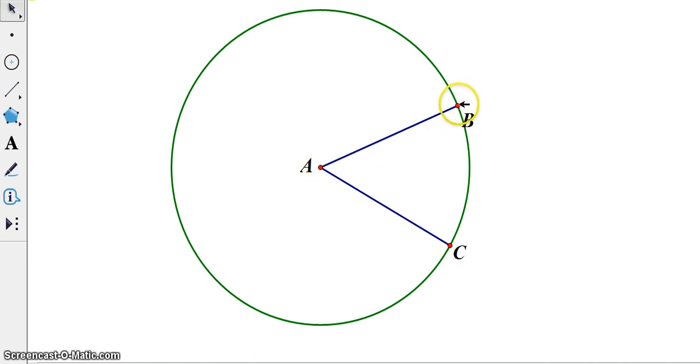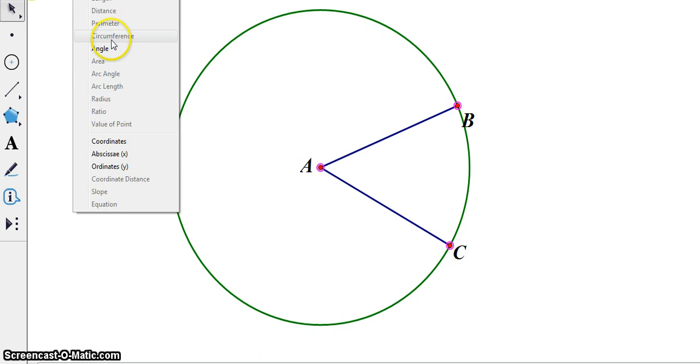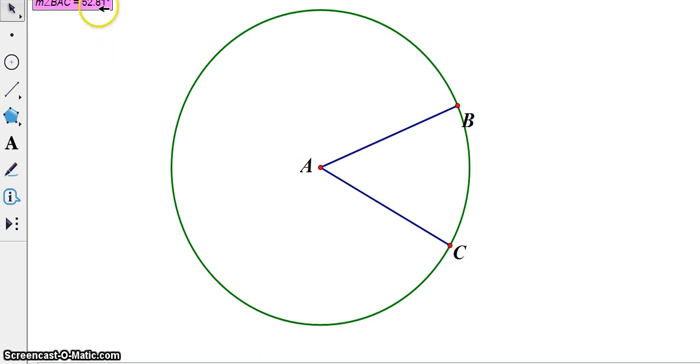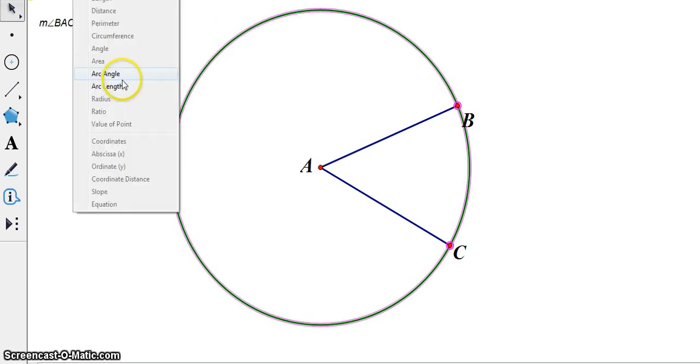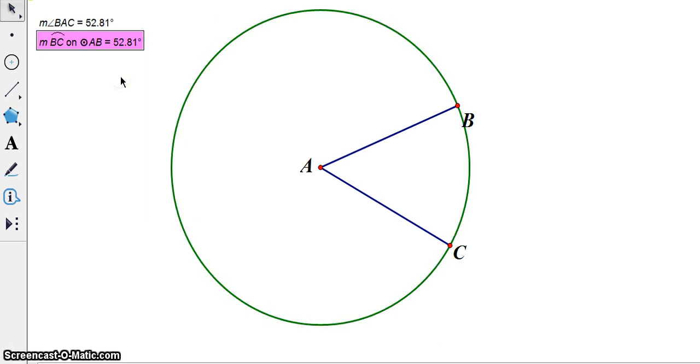So if we know the measure of angle BAC, and we want to know the arc measure, let's see if I can do it. Hey, all right, we did it. Cool. Notice they are the same. Central angle, arc, intercepted arc are the same.